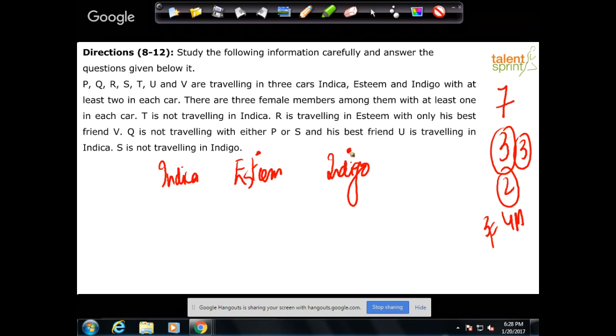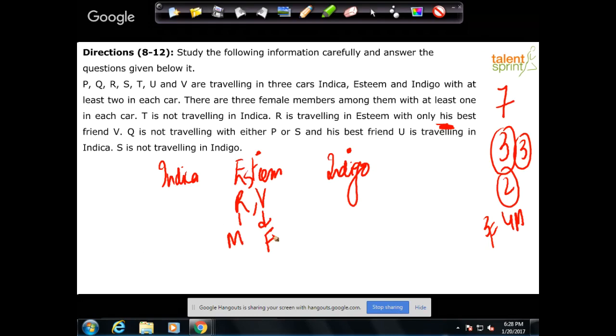Now they tell us that R is traveling in Esteem with only his best friend V. Look at a big hint here: R is traveling with his best friend. So we know R is male, and we know that V is a female.